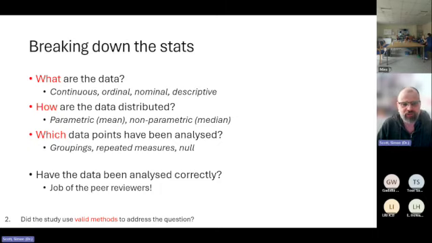But the main thing is the two questions you're asking about data. First, how are the data distributed? Do they follow a normal parametric distribution or a non-parametric distribution? And second, are the sets you've got sampled appropriately?